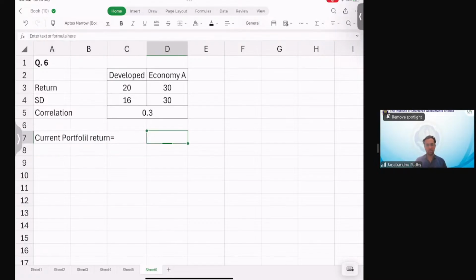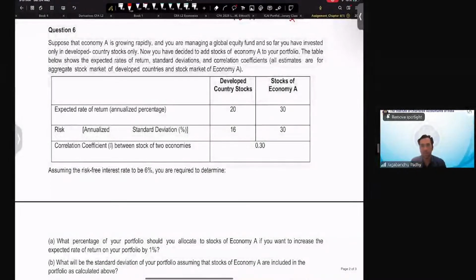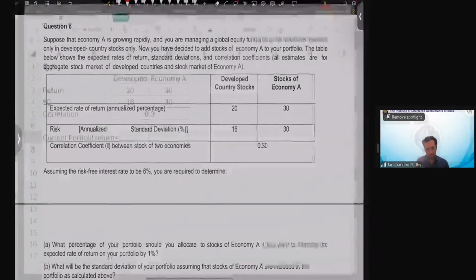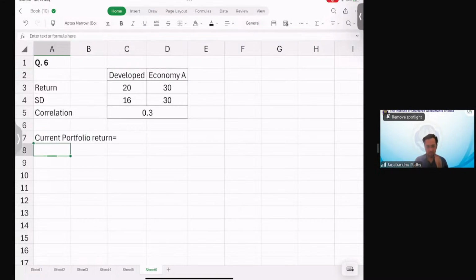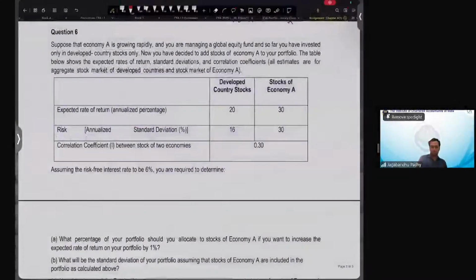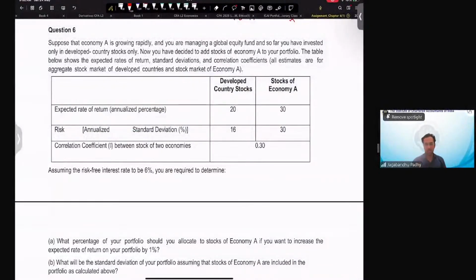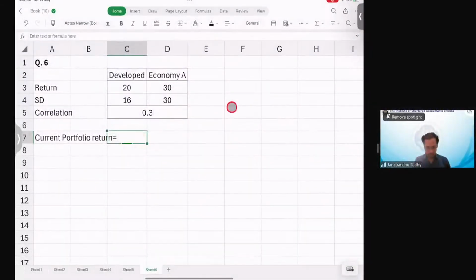Current portfolio return is what you are getting from the developed markets, right? Because you have been investing only in developed country stocks, obviously you will be earning 20%. So current portfolio return is 20%.